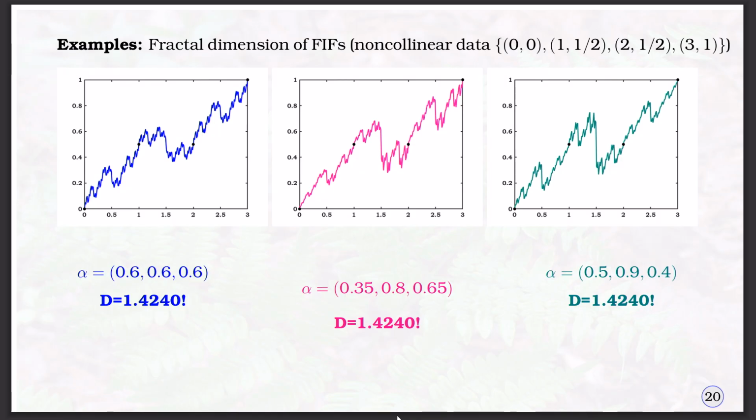Now, the question is how to classify fractal objects, 2 different fractal objects, by their dimension. If you are finding the box counting dimension or Hausdorff dimension, sometimes it will give the same dimension even though the attractor is generated by different iterated function systems.